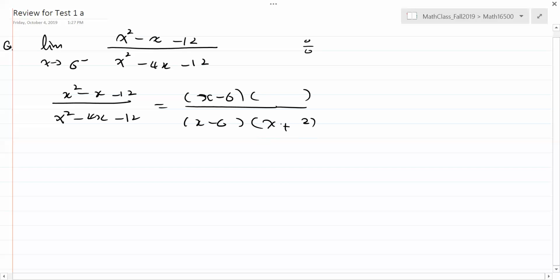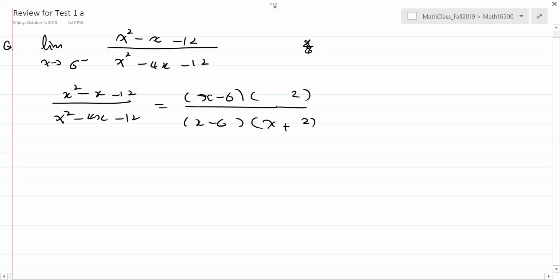So this is x minus 6, but I thought that it's not 0 over 0 type, okay? So I thought I can get a factor of x minus 6. In some cases, yes. Then you look at, if you put 2 here, you're not able to get x squared minus 4x minus 12.